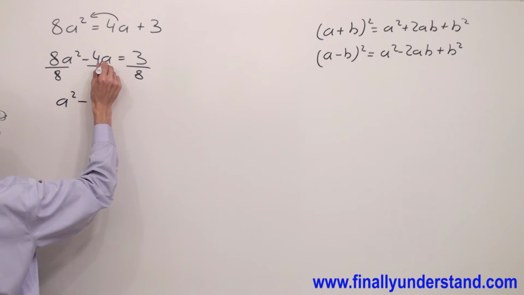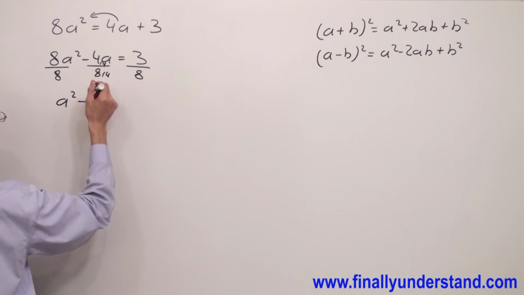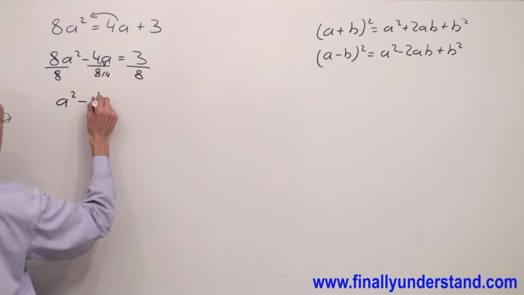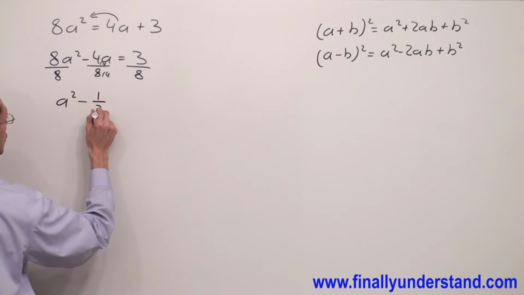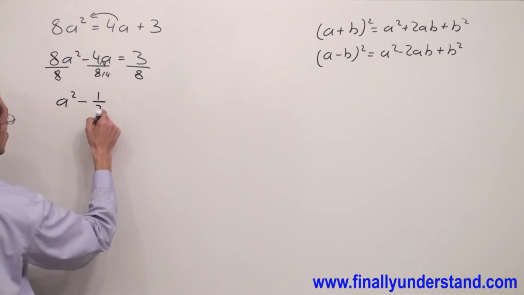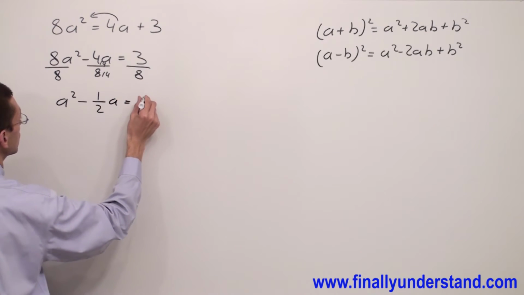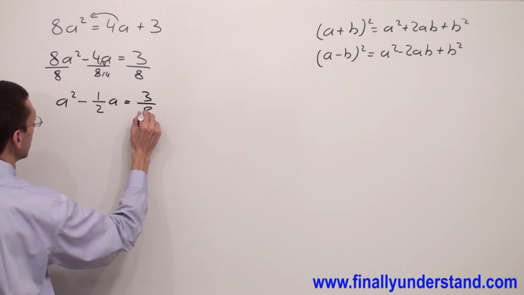We can reduce by 4. 4 divided by 4 is 1, so I have 1 over 2, because 8 divided by 4 is 2, a, equals 3 over 8.